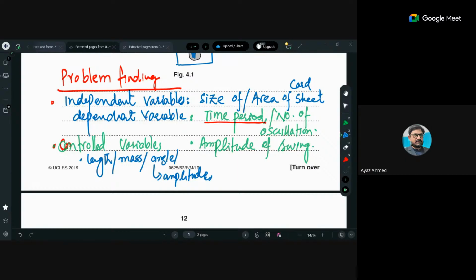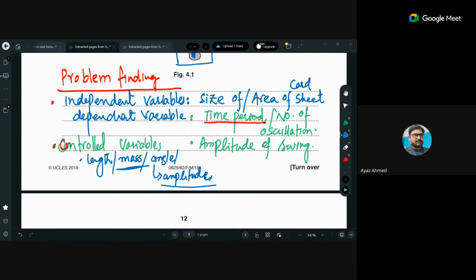The length of the simple pendulum, because you have no other choice, it is fixed. So you have to use that 80 centimeter length. Then you can use the fixed mass of the modeling clay. Then the angle from which you are releasing the oscillator, for every reading, that should be the same.